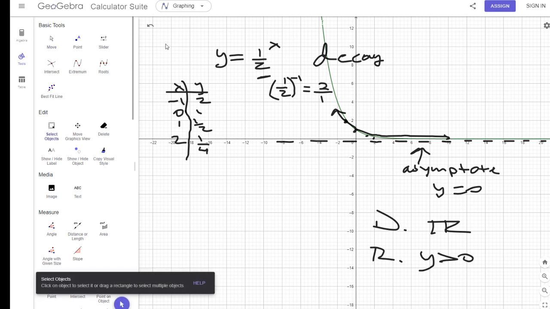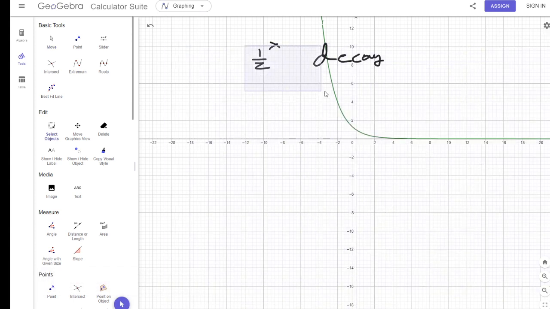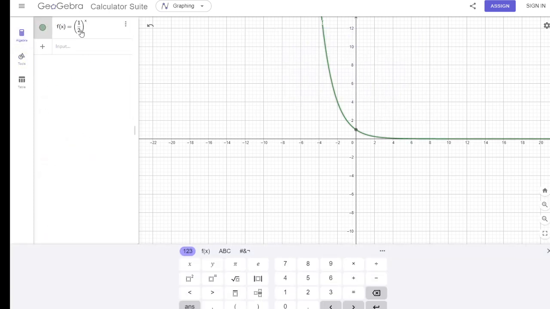There's one more thing that I need to go over with you. Delete. Okay. So let me go back to the first equation I had. 2 to the x.